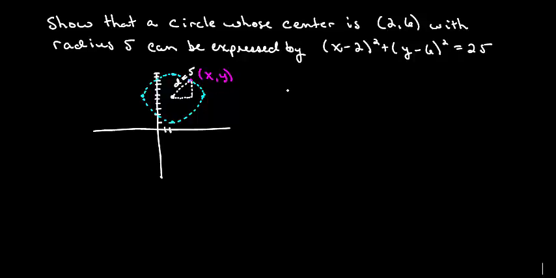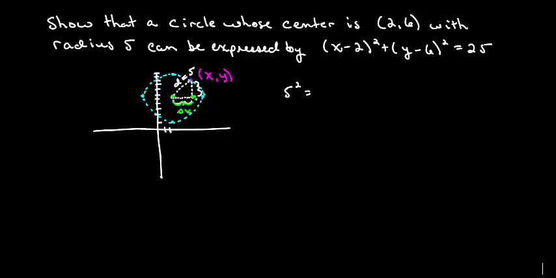So what does that mean? That means that 5 squared, the distance squared, should be equal to this guy squared and this guy squared. So let's talk about this guy down here first. Well, its length is the change in the x. It's delta x. Well, what is that? That's this point and this point, the difference in the x values.